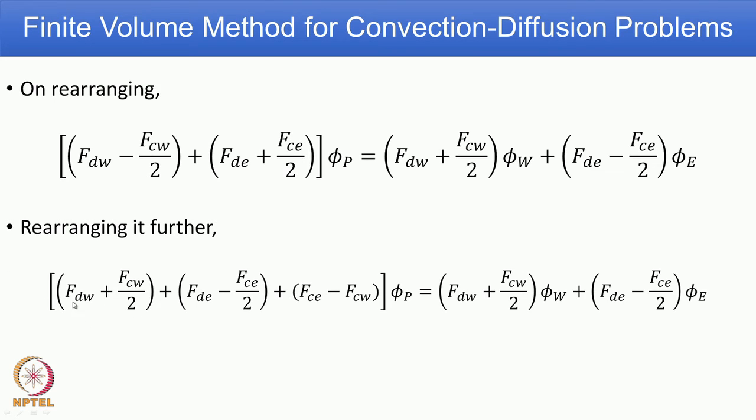So, this F_D w plus F_C w by 2 is one term on the left side which is the same as the coefficient term for phi at W. Similarly, the second term on the right side, which is the coefficient for phi at the east node, F_D e minus F_C e by 2, again you are able to observe appears as one of the terms in the coefficient for phi P as shown here.